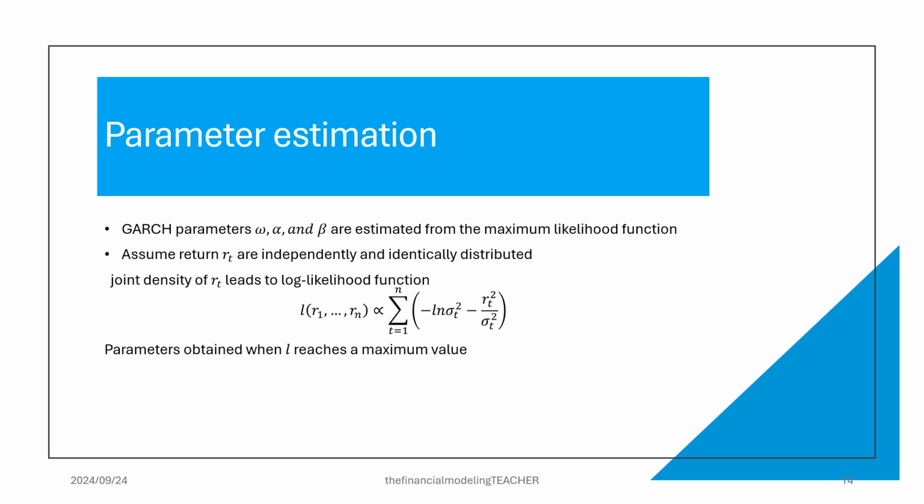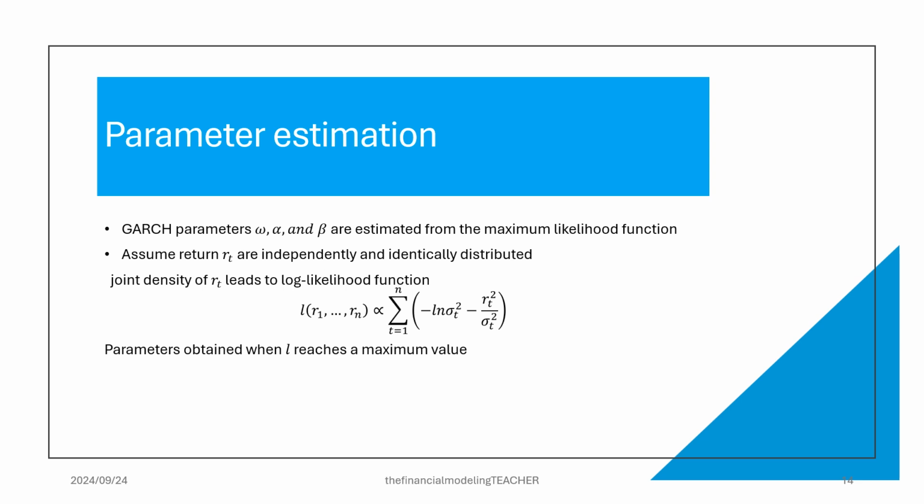In order for us to calculate the parameters alpha 0, alpha 1, and beta 1, or in some models just omega, alpha, and beta, but in our case we chose alpha 0, alpha 1, and beta 1, the first assumption made here is that the returns r_t are independently and identically distributed, so that they will have a joint density function, which is a normal distribution, which has a log likelihood function equivalent to this relationship here.